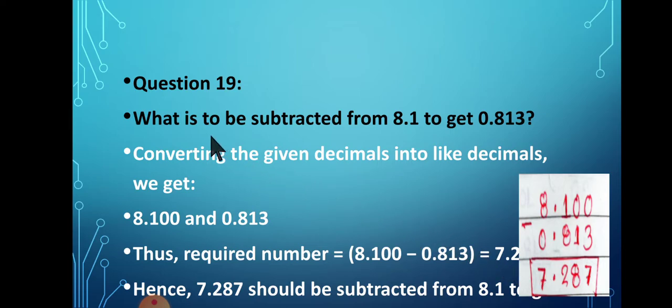Question number 19. What is to be subtracted from 8.1 to get 0.813? Subtracted from this number, how much will we subtract, then we will get 0.813.